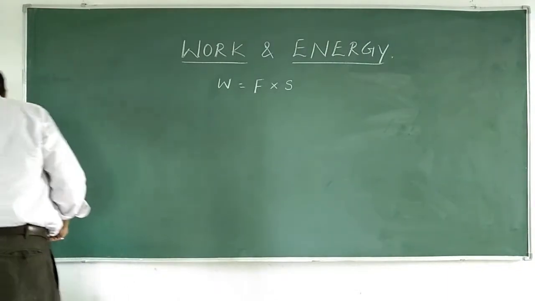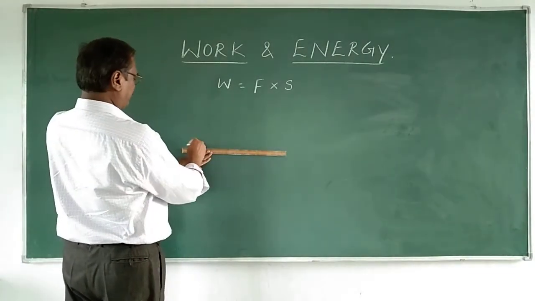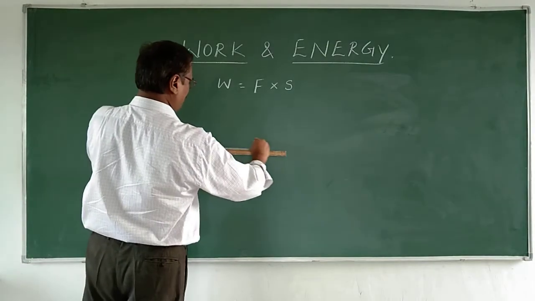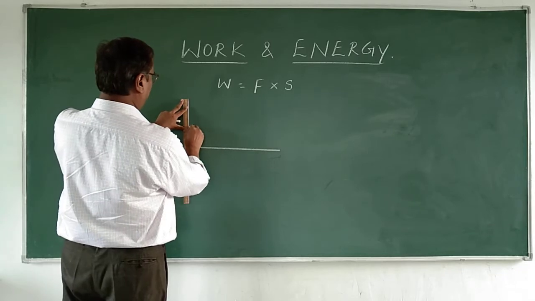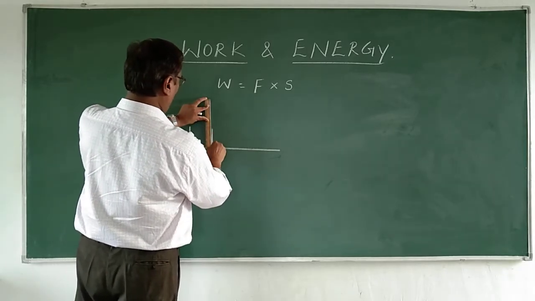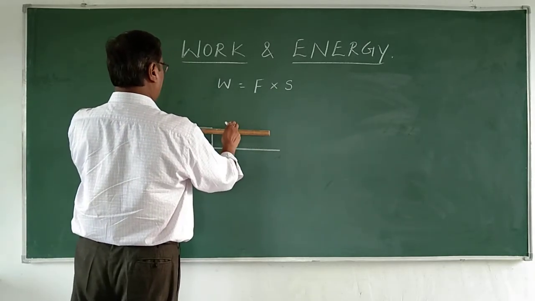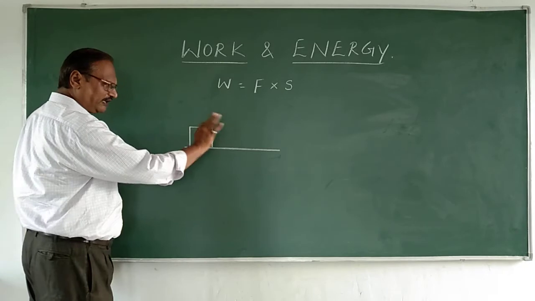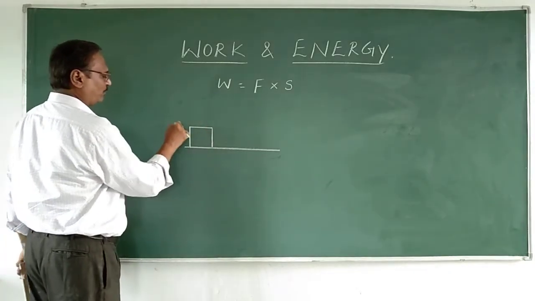So, for example, let me draw a surface now. I am drawing a surface and I am going to take an object, let me say a box. And this box is going to move from one point to another, right? I am not worried about anything. I am just applying a force on this body.